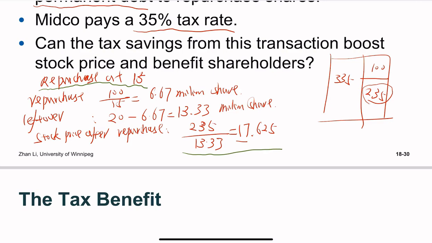This is illogical because if you're the shareholder, you will understand that after the share repurchase, the share price will increase from 15 to 17.625. This implies that you will never want to sell your shares to Midco at this $15 price, which implies it's not possible for Midco to make the purchase at $15. So the assumption that it can purchase at $15 is not correct.